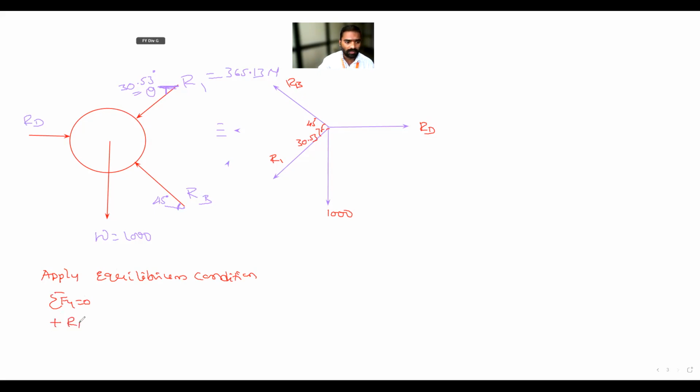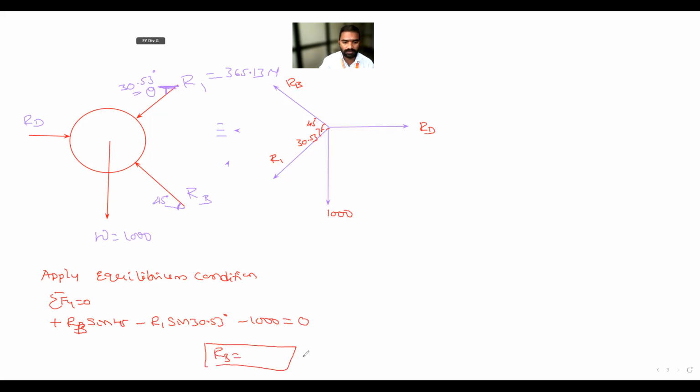Plus RB sin 45. Next, R1 is in the downward direction, so minus R1 sin 30.53. Next, minus 1000. So equal to 0. From this you will get the value of RB.